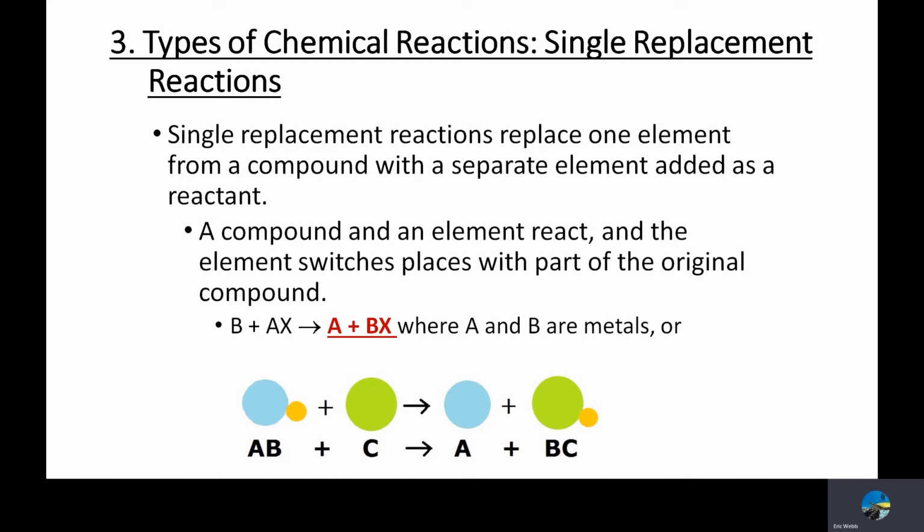So A would exist as a metal afterwards, and B would exist as an ionic compound with X. It can also occur with two nonmetals and an ionic compound. So you have nonmetal X, nonmetal Y, and you have metal A. So again, Y exists by itself before the reaction. It's added as a reactant, and then exists as a compound as a product.